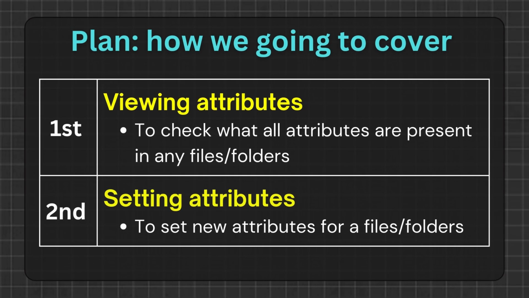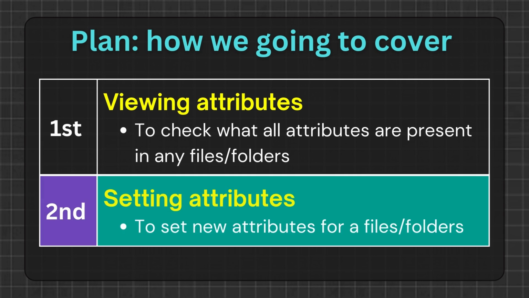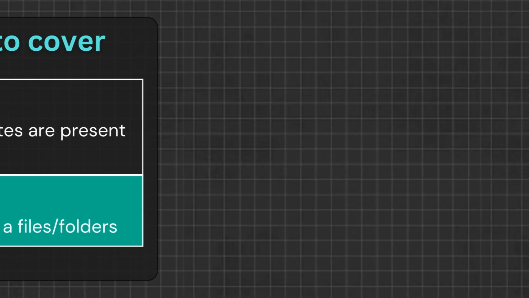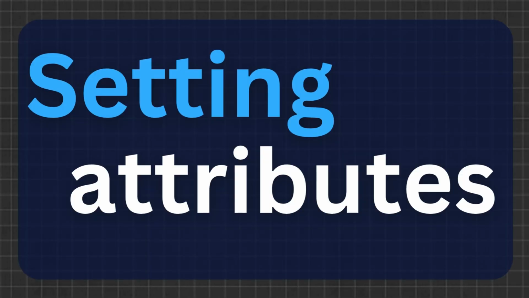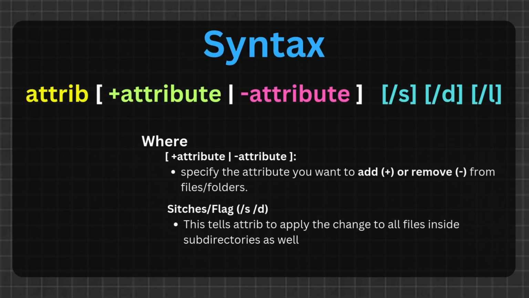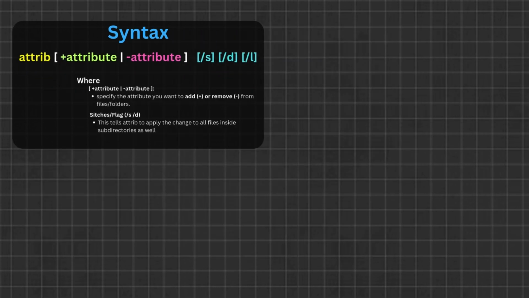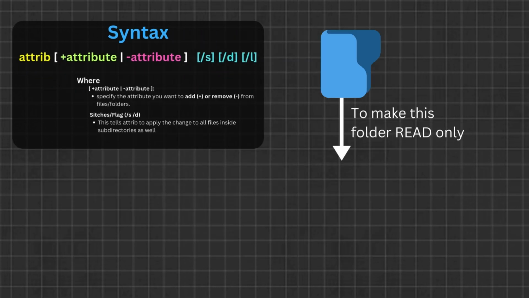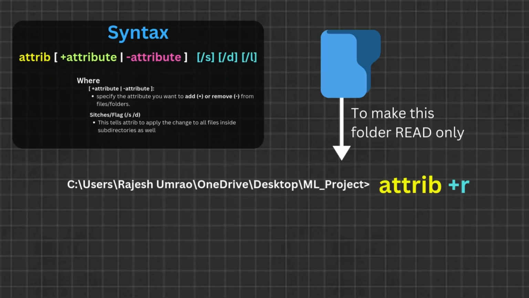Now let us jump to the second part: how to set the attribute for any file or folder. To set or modify the attribute for any directory, we have the general syntax: attrib plus attribute, minus attribute, and then switches. For example, if you want to make it a read only file, then you have to write attrib +R, and that will set the attribute for the current directory.